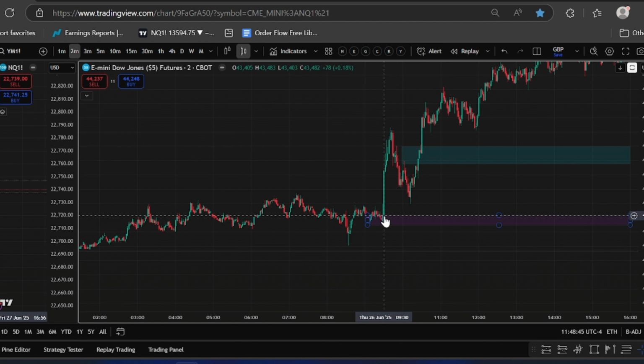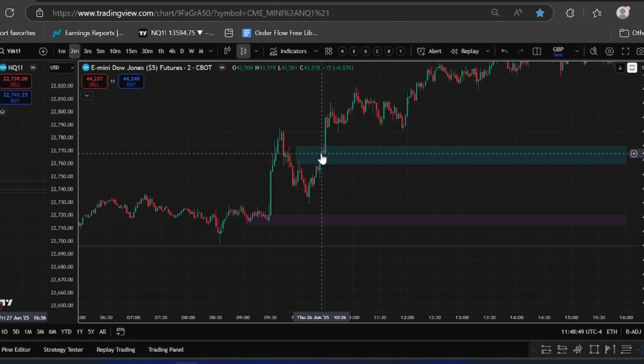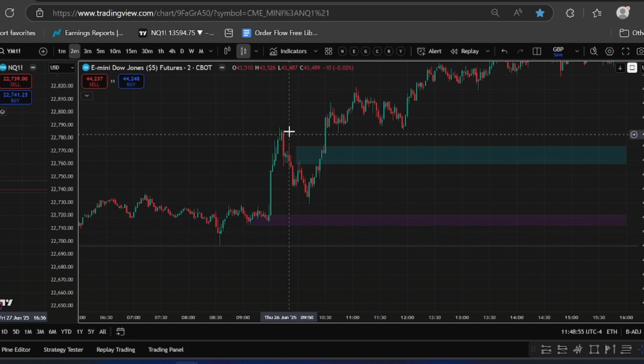So no setups here, but I want to show you something. These zones have a lot of open interest in the market, and when you see a lot of choppiness, and then price launches off the zone like this, you can understand that some big player's order has been filled.